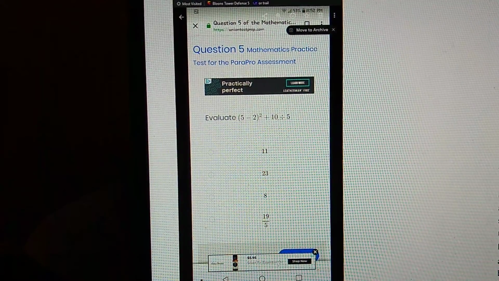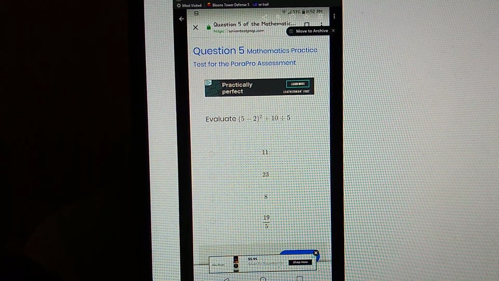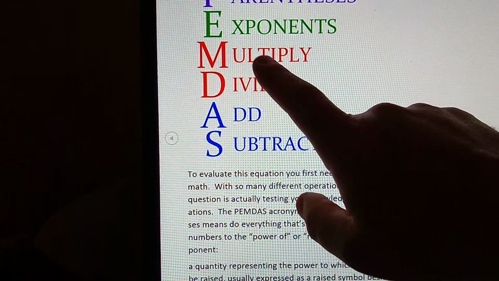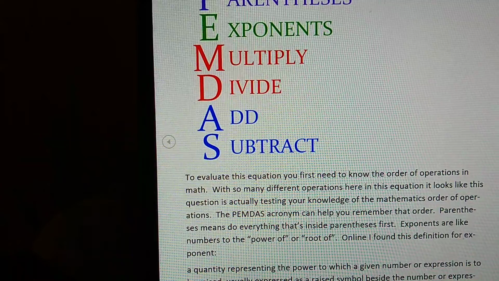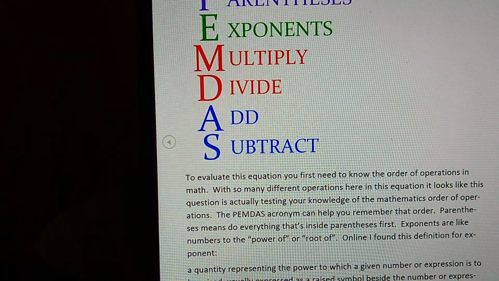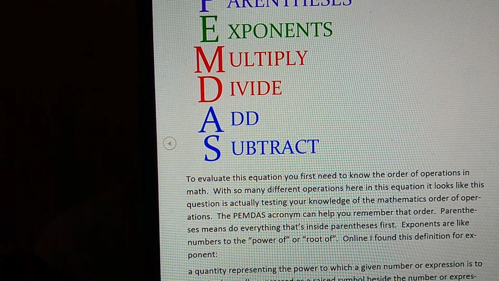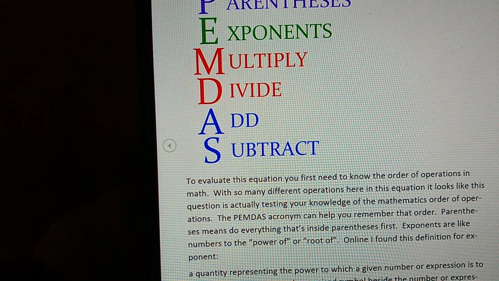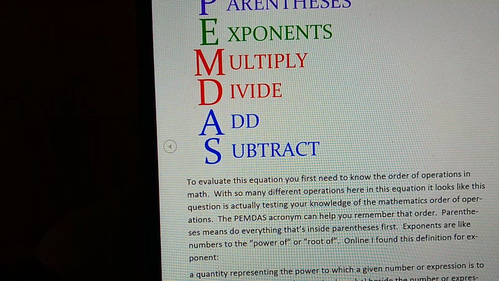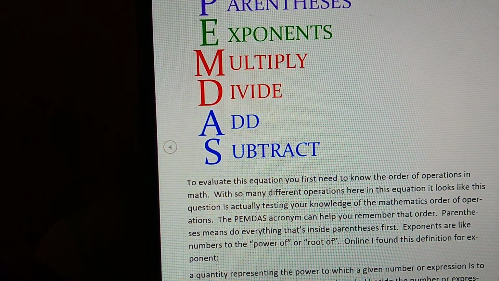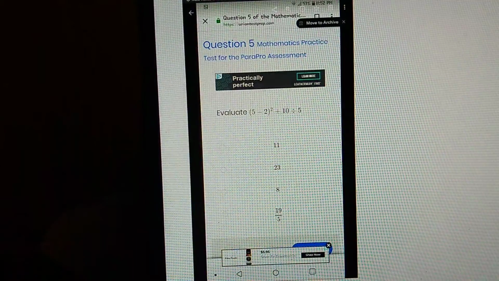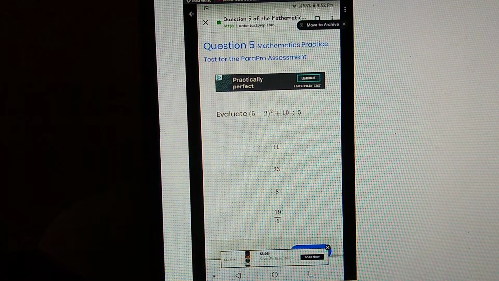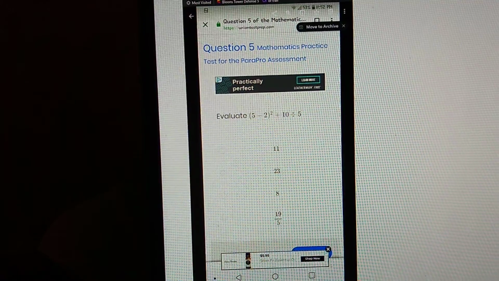So what's next in the order of operations? The next thing is multiply. So let me see, there's no multiplying there. So the next thing after that is divide.